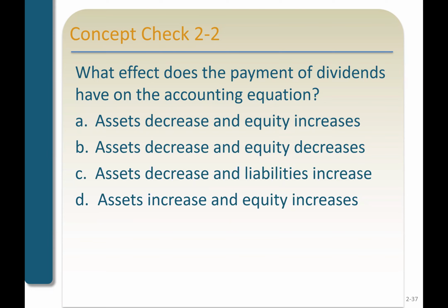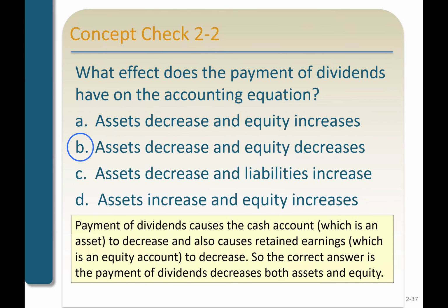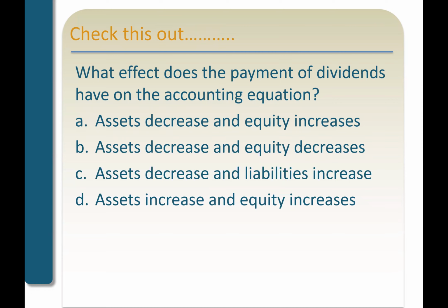Assets decrease and equity decreases. Excellent. Cash goes down and retained earnings goes down. Excellent. How about this one, guys? What effect does the payment of dividends have on the accounting equation?